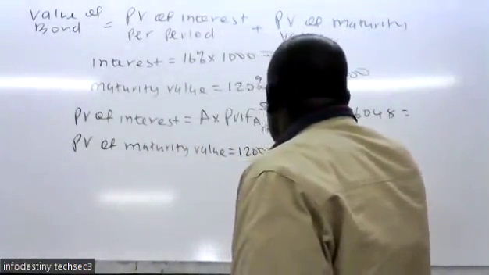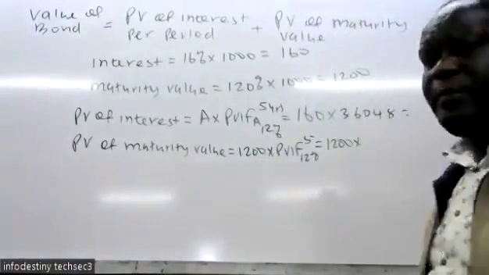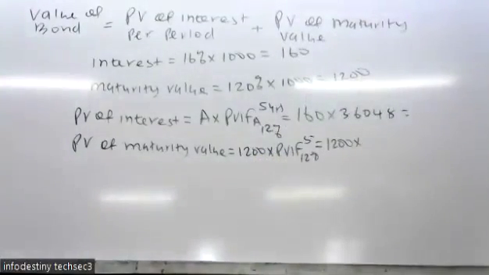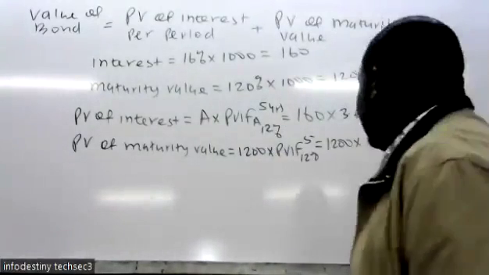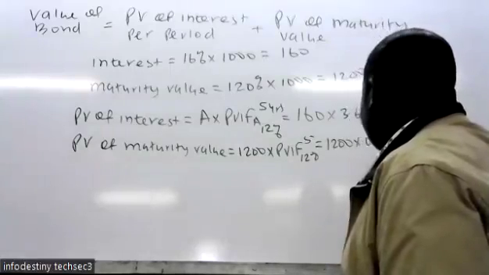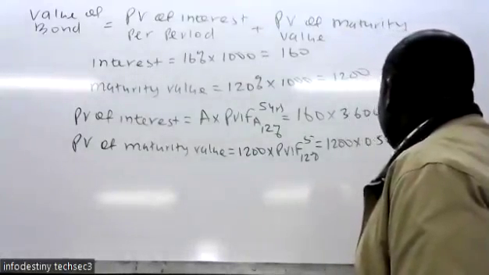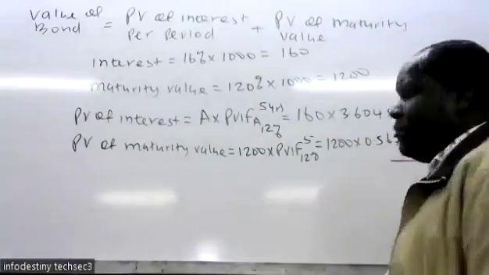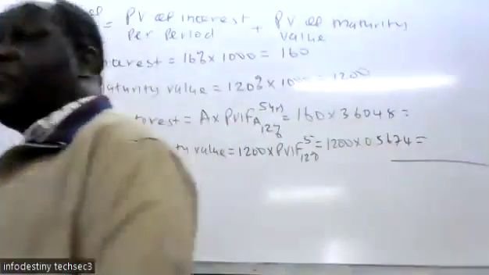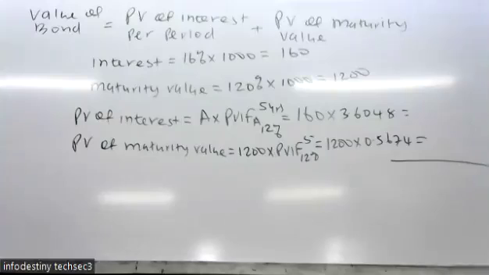It is 0.5674. So now add those two figures together. That now should give you the redeemable value of the bond.